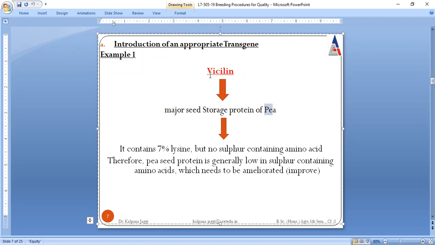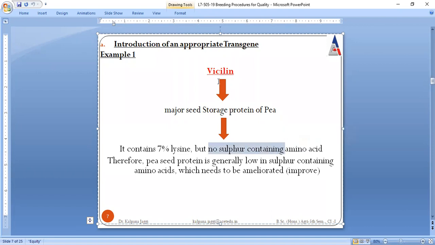If we talk about its features, then this protein altogether has 7% lysine. But unfortunately, it has very little of the amino acids that contain sulfur, for example methionine and cysteine. These are the sulfur containing amino acids.